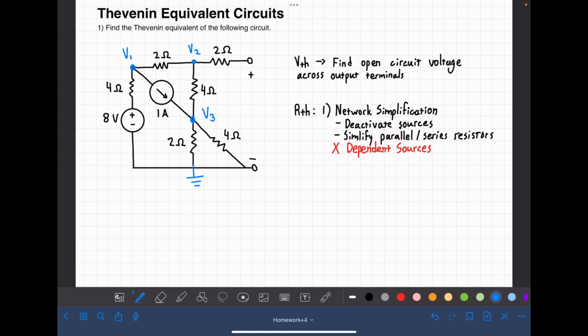Starting with V1 up here, I'm going to do (V1 minus 8) over 4, plus, that's 1 amp going out of there, and (V1 minus V2) over 2, all equal to 0.